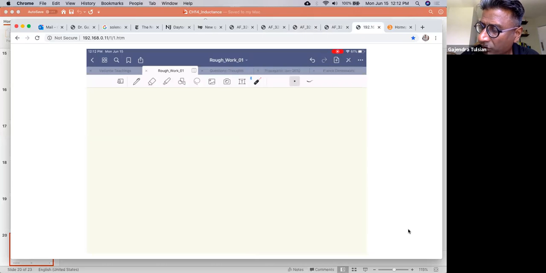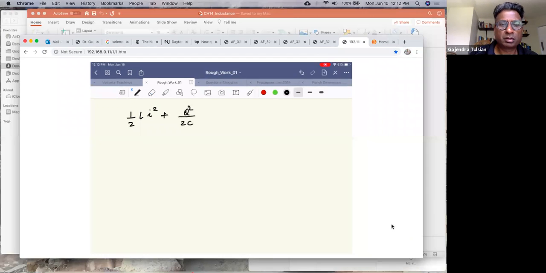Okay, so the energy stored in the inductor was (1/2)Li squared, and in the capacitor it was Q squared by 2C, right?